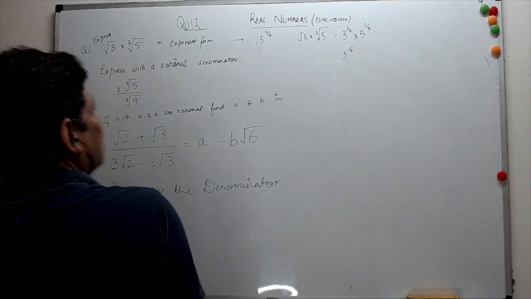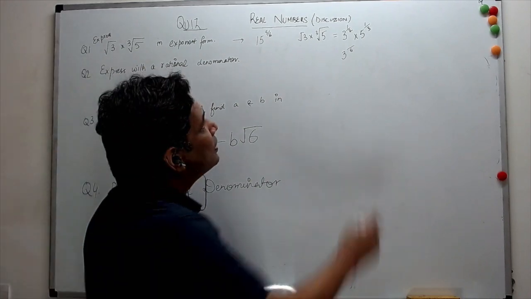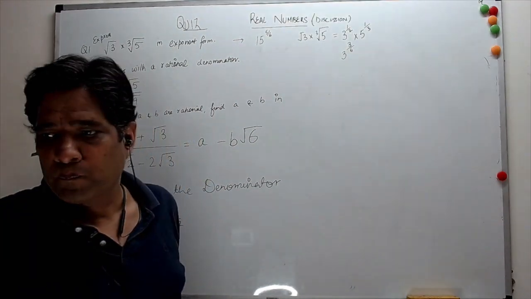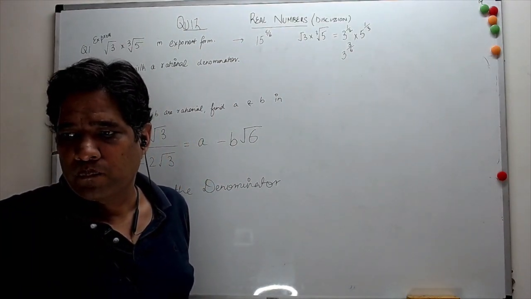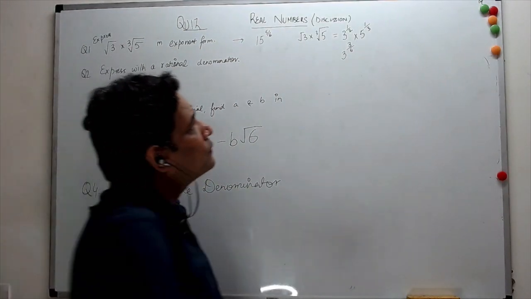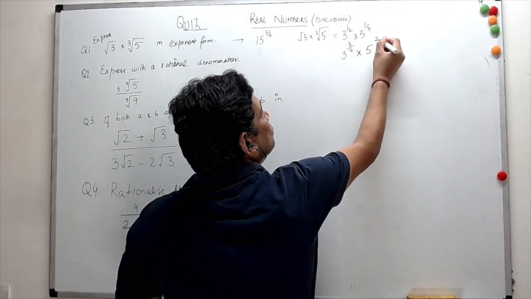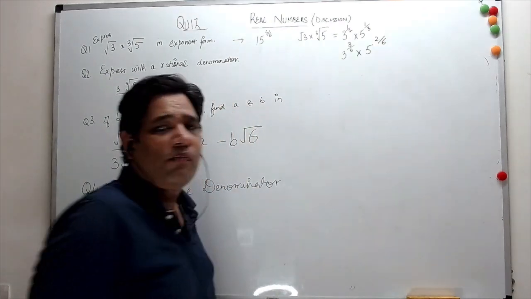Is it possible for me to do this? Yes, sir. I'll tell you why I am doing it. So 1 by 2 can be written as 3 over 6. And similarly, this 1 by 3 can be written as 2 over 6.